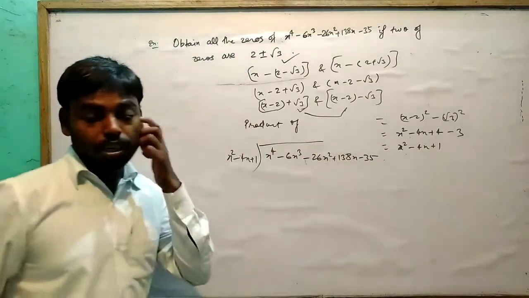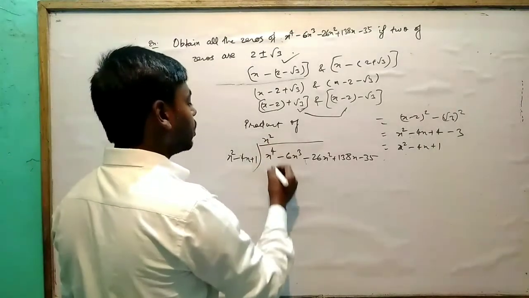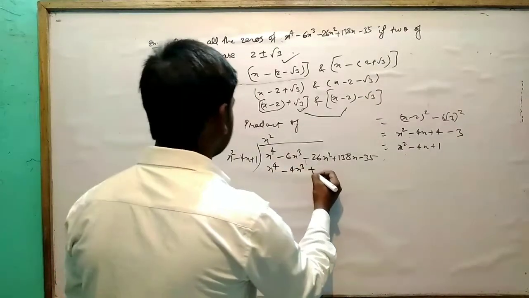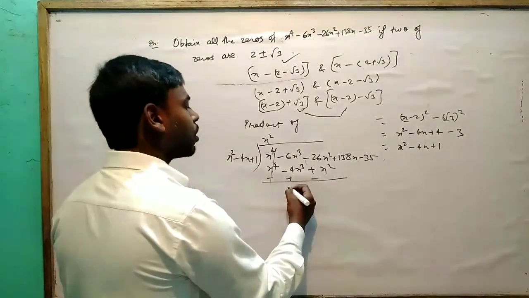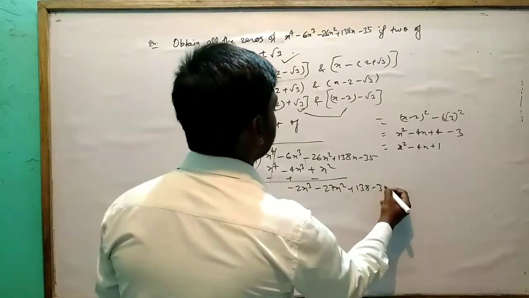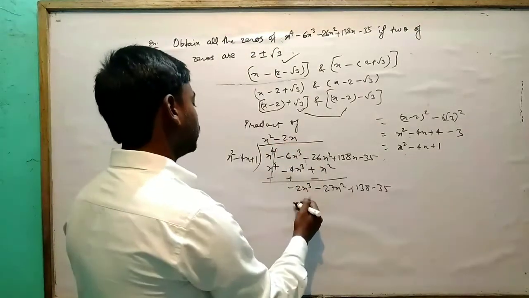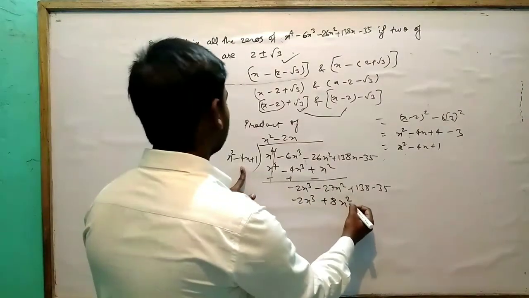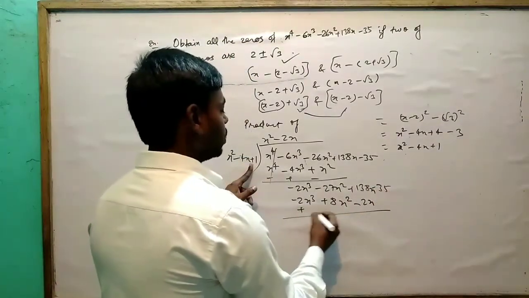First we have to multiply by x square, and we get x to the power 4 minus 4x cube plus x square. We change the sign, and we get minus 2x cube minus 27x square plus 138x minus 35. Which term do we multiply here? Minus 2x, and we get minus 2x cube plus 8x square minus 2x, and we change the sign here.